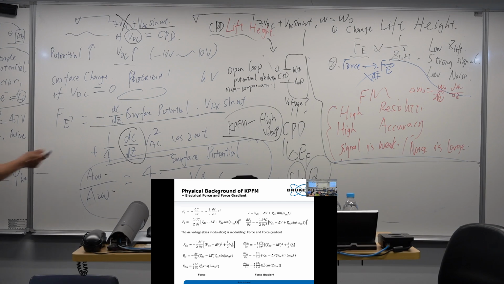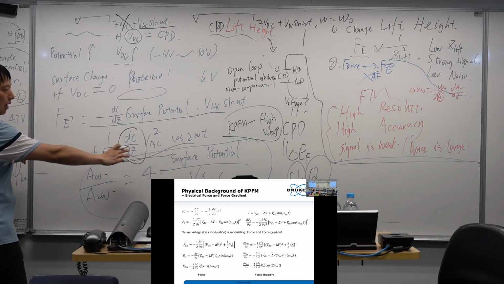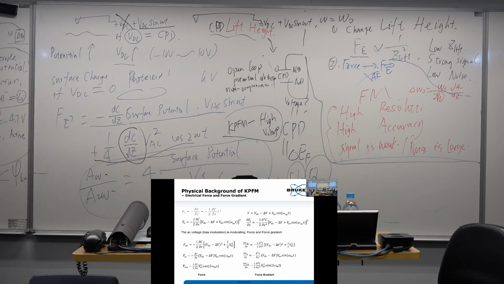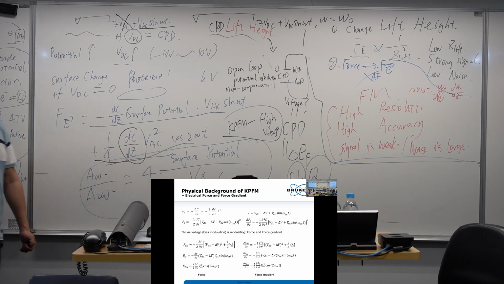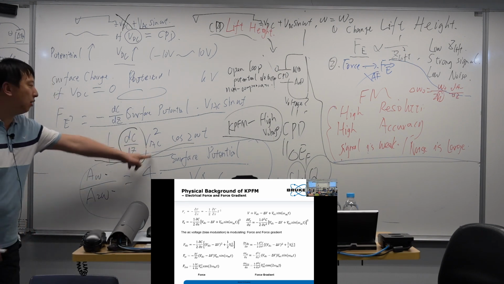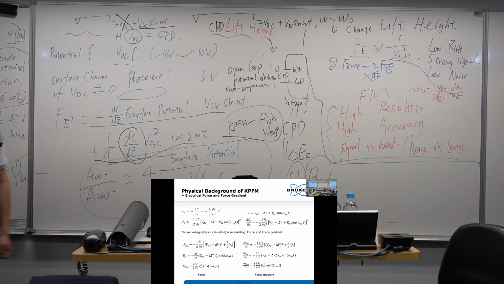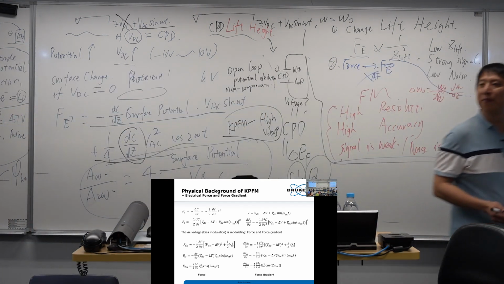Because this way, you can get this term, the amplitude at 2 omega. This term is quite simple. It's related to the VAC, which you applied, so you can easily get it out, and it's proportional to dC over dz. As we said in the morning, dC over dz is related to the dielectric coefficient, right?